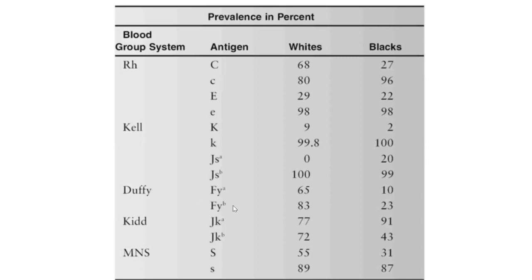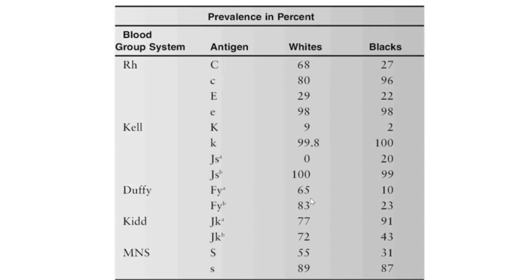We appreciate that those who are Black tend to have a base Duffy B genetic profile, though it's often silenced by the GATA promoter mutation. And conversely, those who are not Black tend to be enriched for the Duffy A blood type.